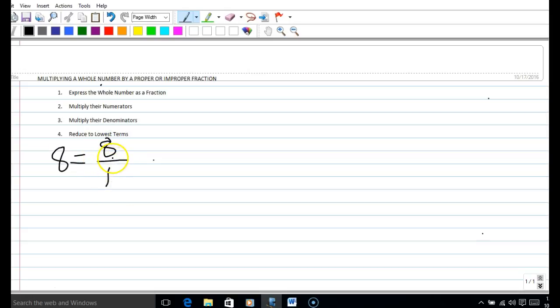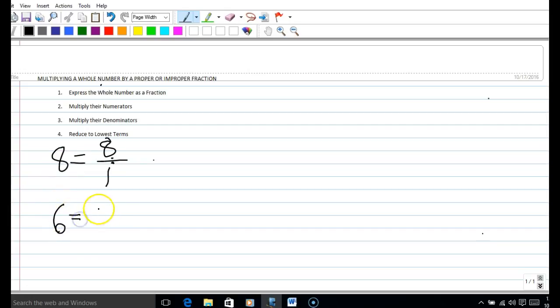Now remember, as we had earlier alluded to, the fractional bar is nothing more than a division sign. See, it looks like a division sign. So 8 divided by 1 is equal to 8. So every whole number can be expressed as a fraction.